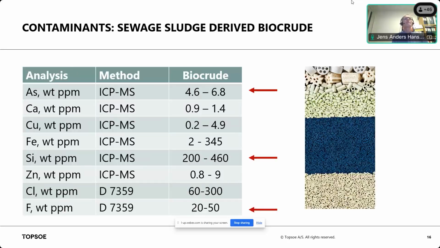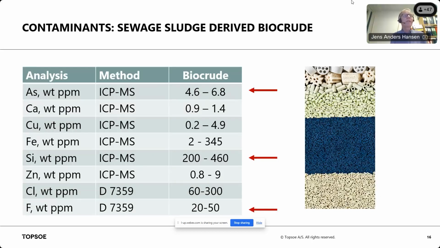Taking a deeper look into sewage sludge, here I have shown contaminants present in sewage sludge, and sewage sludge is heavily contaminated. You can see we have arsenic that can come from food. It can also come from other sources. We have iron that can be high or it can be low. It depends on the batch of sewage sludge you look at.